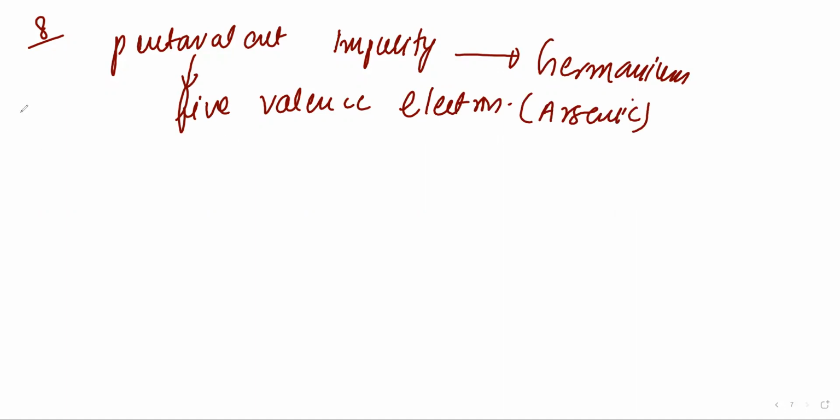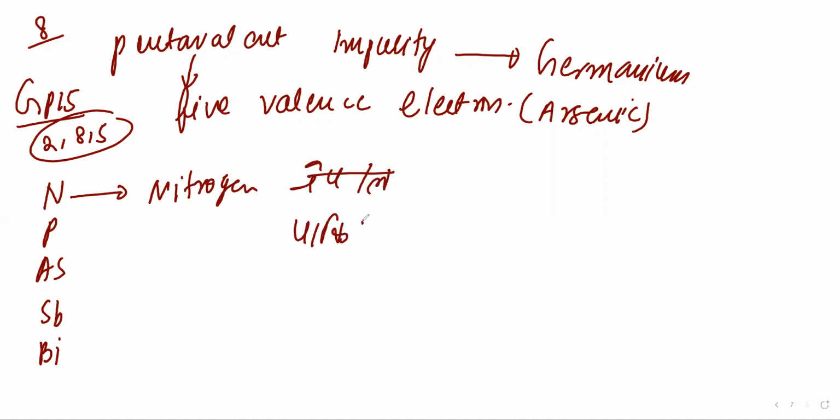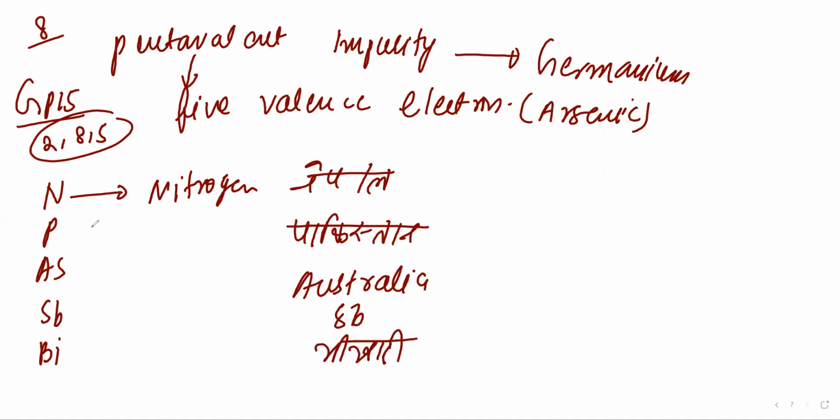For 5 valency it comes under group 15, with electronic distribution 2, 8, 5: nitrogen, phosphorus, arsenic, antimony, bismuth. Remember it as Nepal, Pakistan, Australia, Sub Vikhari.